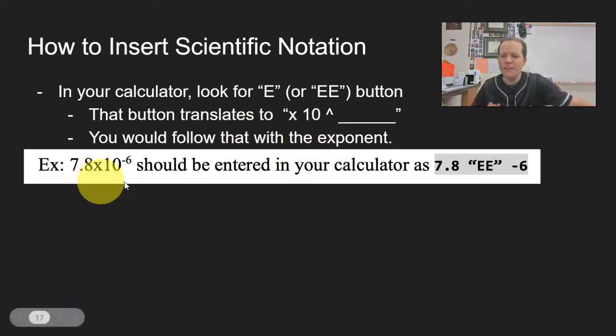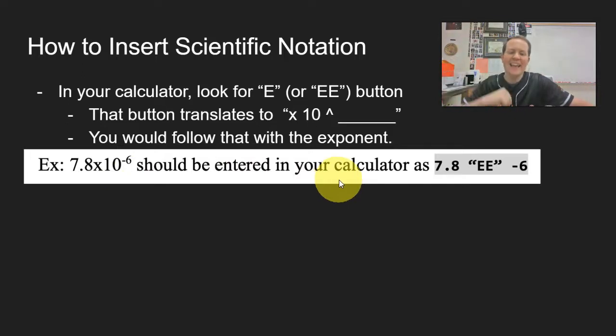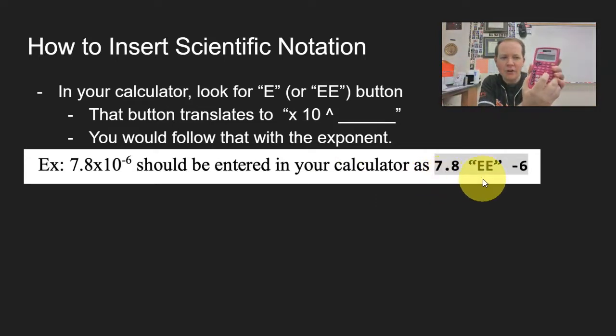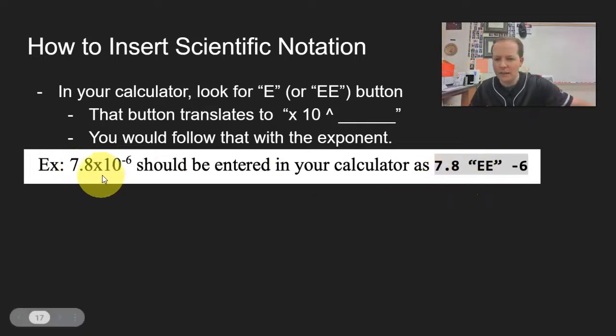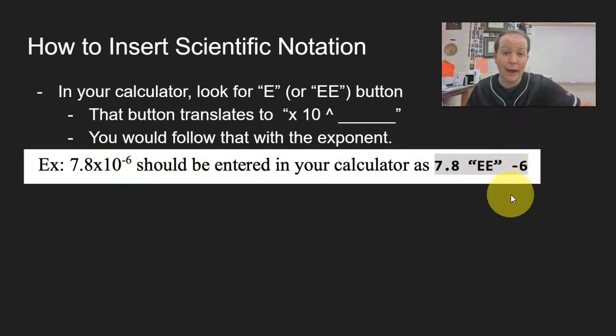So, for example, this number right here, 7.8 times 10 to the negative 6, would be entered into your calculator as 7.8, and then you find that EE button and type negative 6. 7.8, you want to put in times 10, so that's EE, and then what's the exponent? Minus 6.